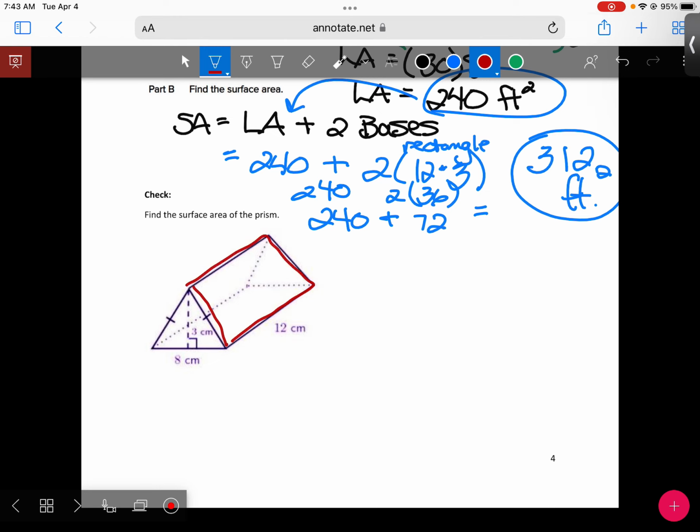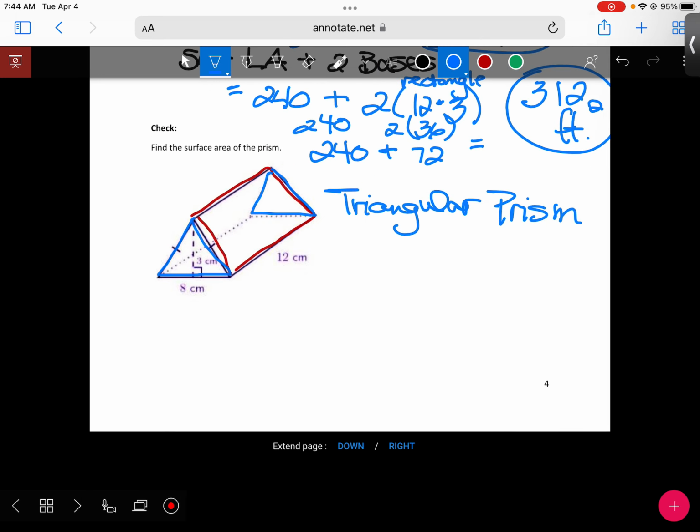So my base, of which you only have 2 of them, is how you label and name these prisms. So this is a triangular, because it's a triangle for the base, prism. Triangular prism.